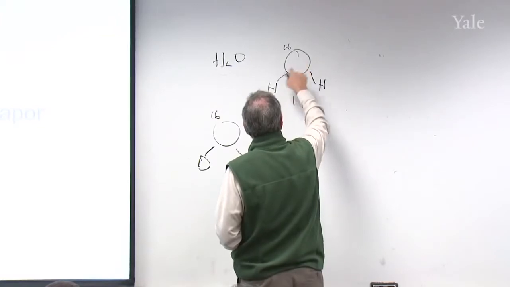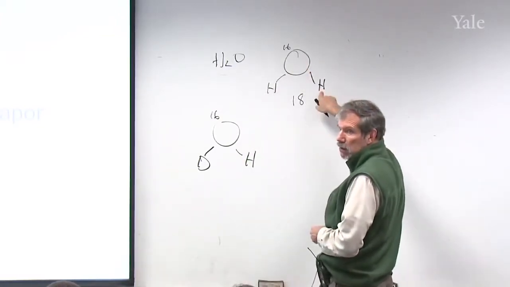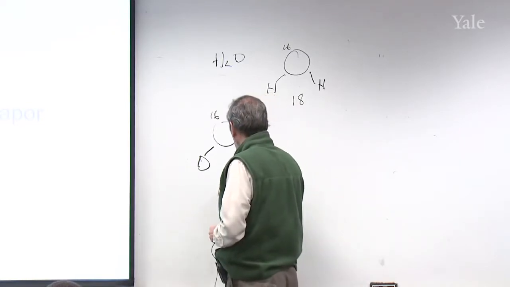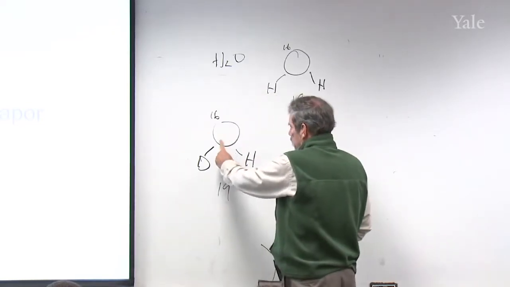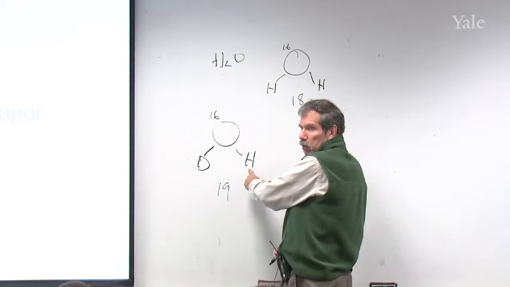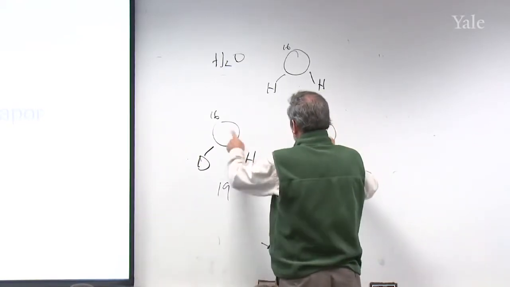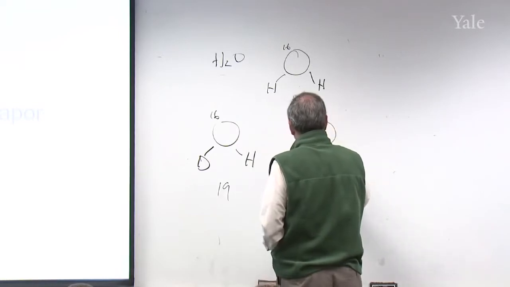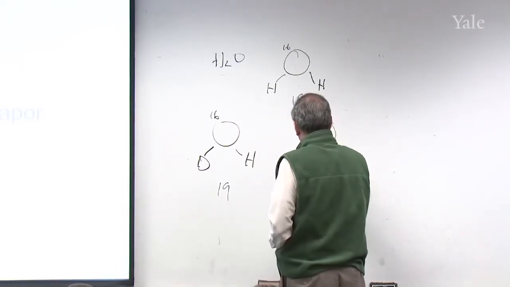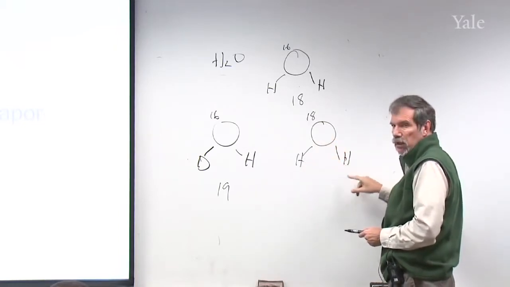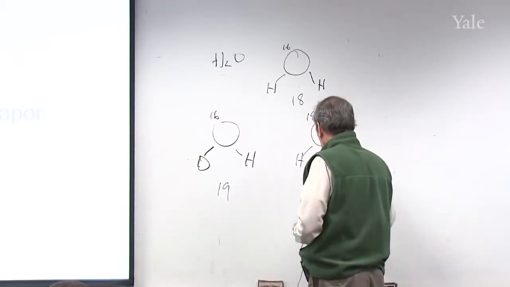Because it's 16 plus 1 plus 1. This is going to have a mass of 19 because it's 16 plus 2 plus 1. And then the other one is where you replace the oxygen 16 with oxygen 18, but keep both of these as hydrogens. That's going to be 18, 19, 20. So that's going to have a mass of 20.